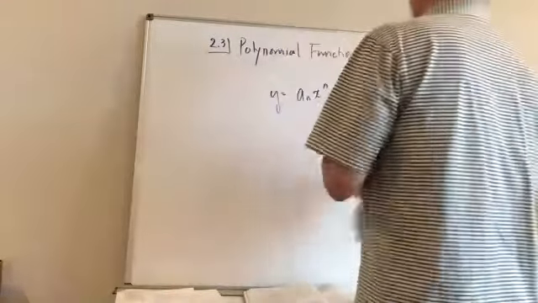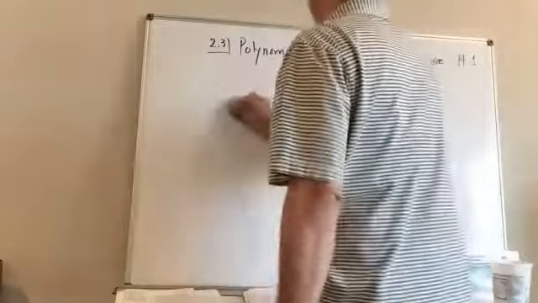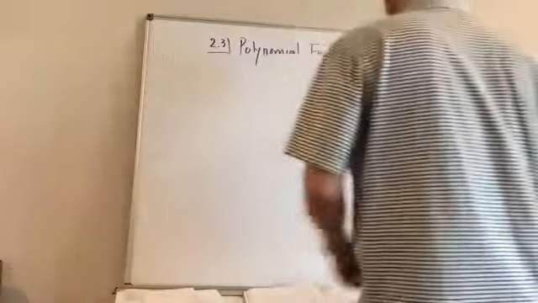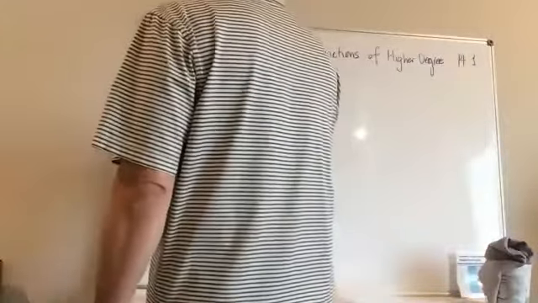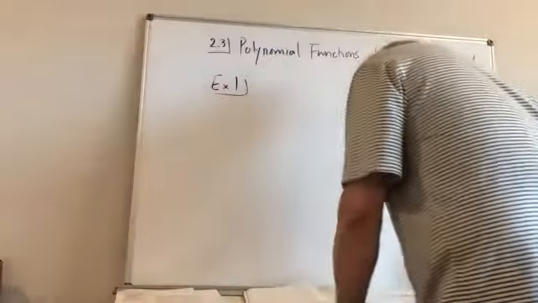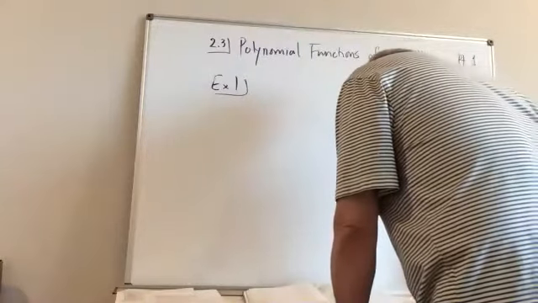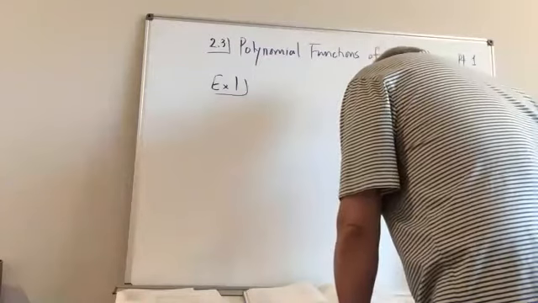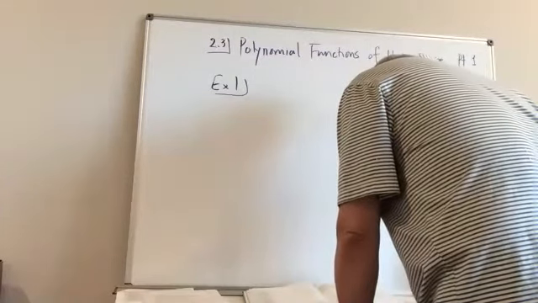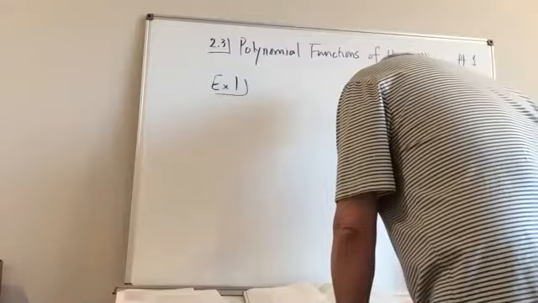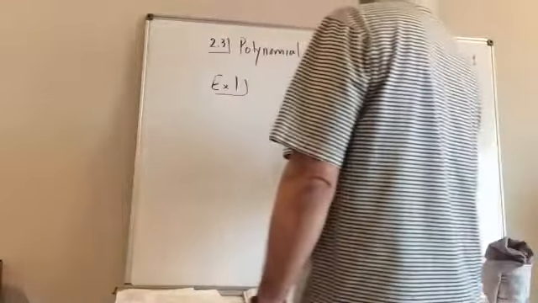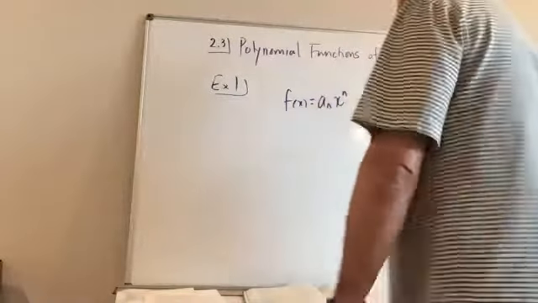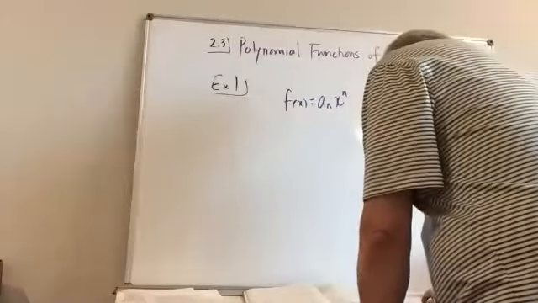So let's see if we can do example number 1. Example number 1 says, describe how to transform the graph of an appropriate monomial function, f of x is equal to a_n x to the nth power, into the graph of a given function.